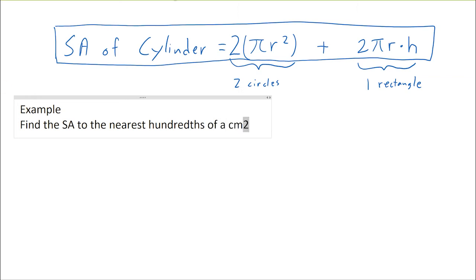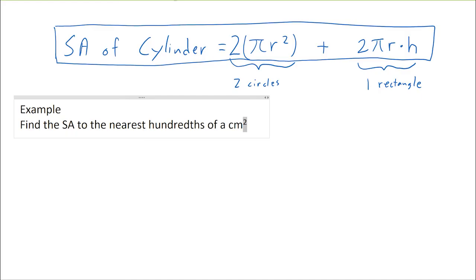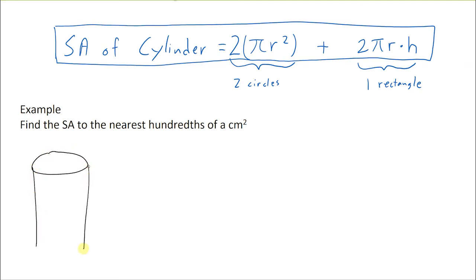Okay, let's find the surface area of this shape to the nearest hundredth of a centimeter, which means 2 decimal places. It's a cylinder.